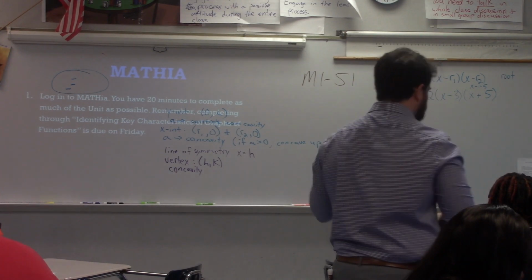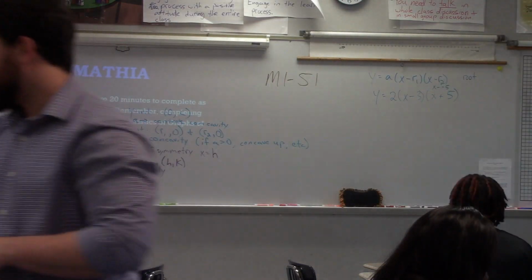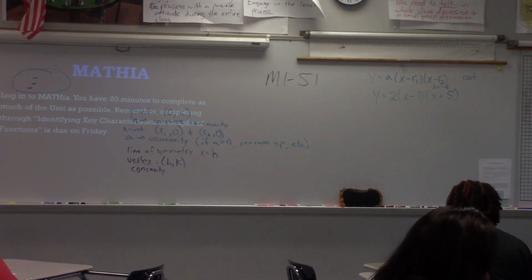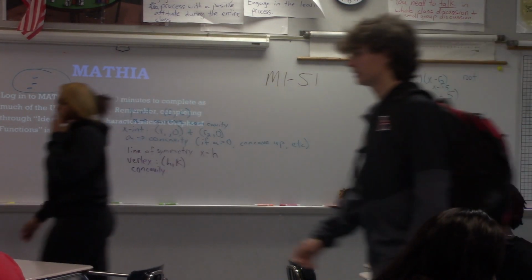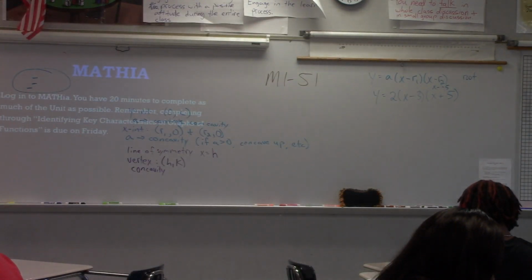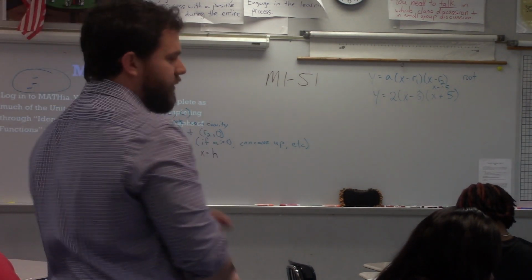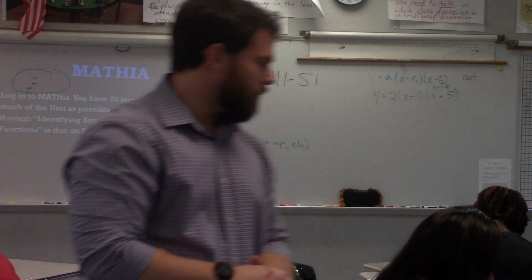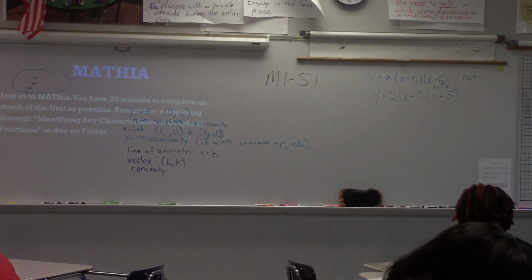Is it all in unit 3? Let me see. No, it's just unit 2. You have to complete unit 2, but notice there are 3 workspaces for unit 2. So guys, you only have to finish through unit 2, and that is due tomorrow. How do you get to that? Go to Clever, the Clever portal.